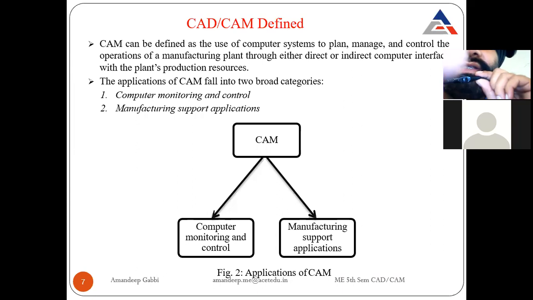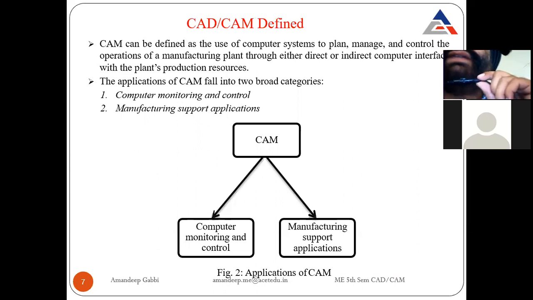Then manufacturing support application is like coolant on and coolant off, when the coolant is to be on or off, outside the manufacturing operations. When you talk about computer-aided manufacturing, we will plan the different processes that are to be done on a job to manufacture it.